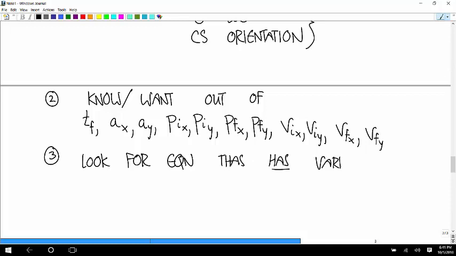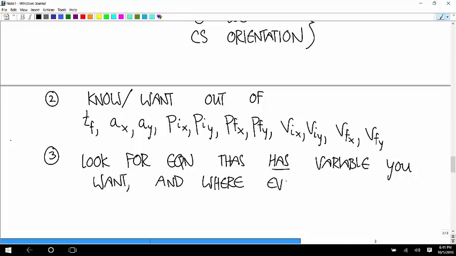It has the variable you want, and where every other variable is known. That's exactly the same as it was in one dimension. Just now you have 6 equations to pick from.